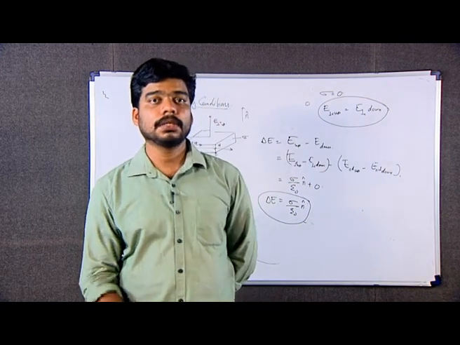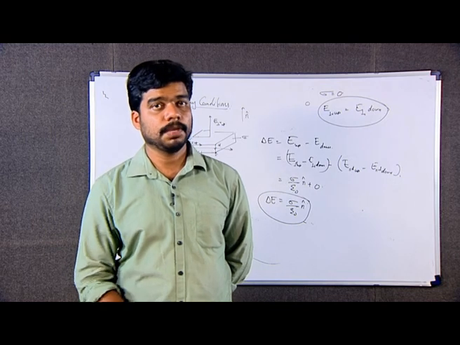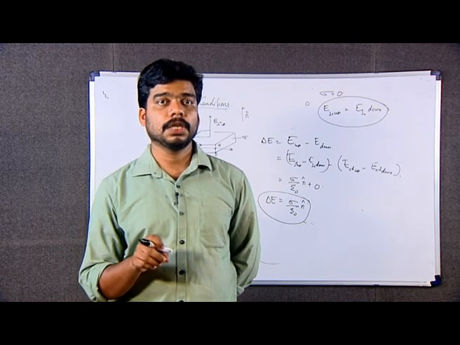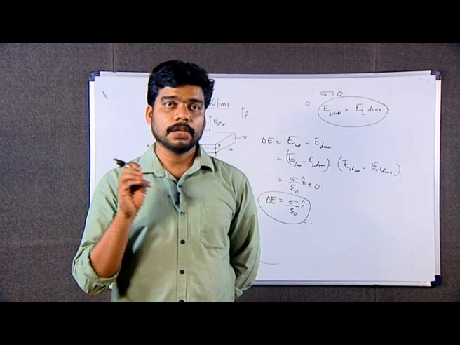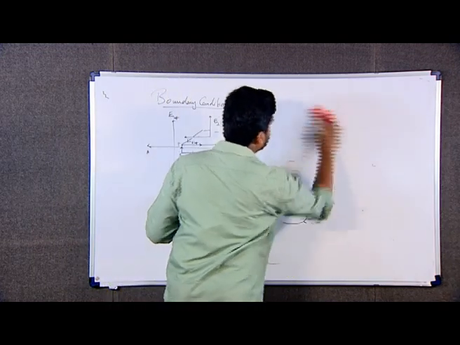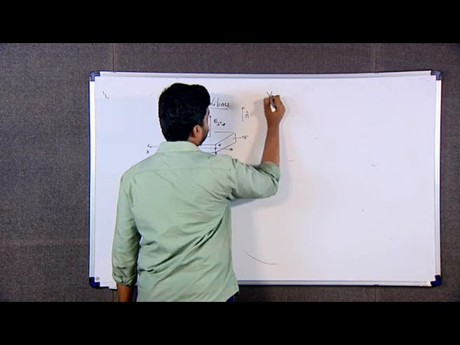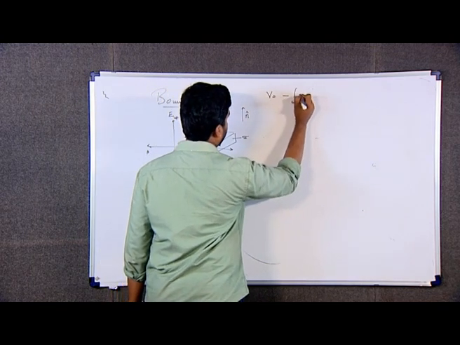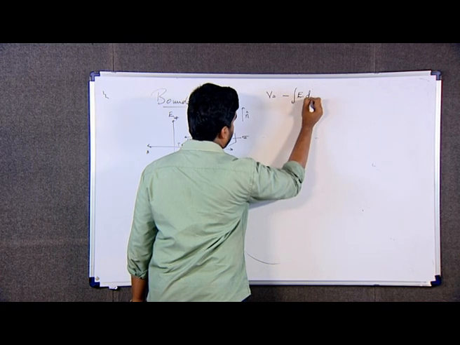And what about the boundary condition for the potential V? This can be easily achieved by using the equation for the potential. What was the equation for the potential? V is equal to minus integral E dot dl.